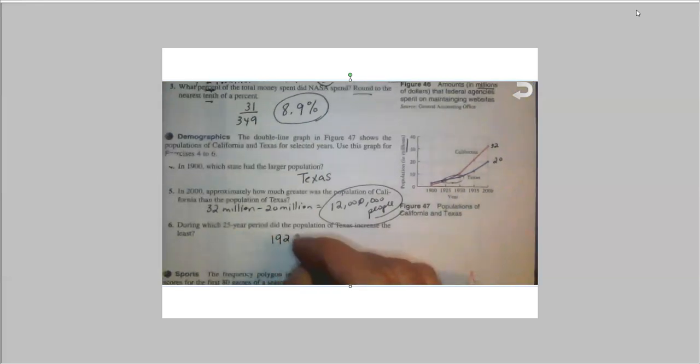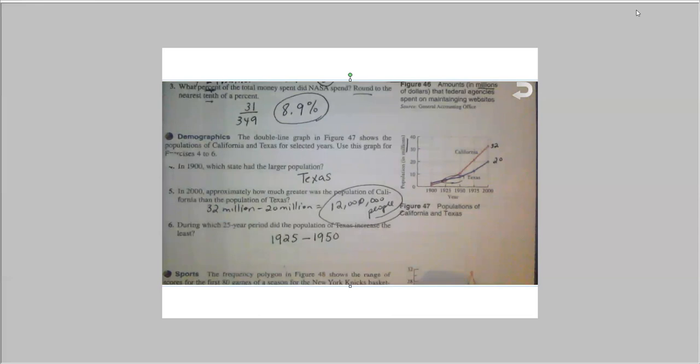And it asks which 25-year period. You're not going to just answer that 1925 or 1950, but you're showing that interval of time from 1925 to 1950. That's the interval over which it has increased the least. Okay. Sometimes you might be asked to give an interval of time and you'll do it like that.